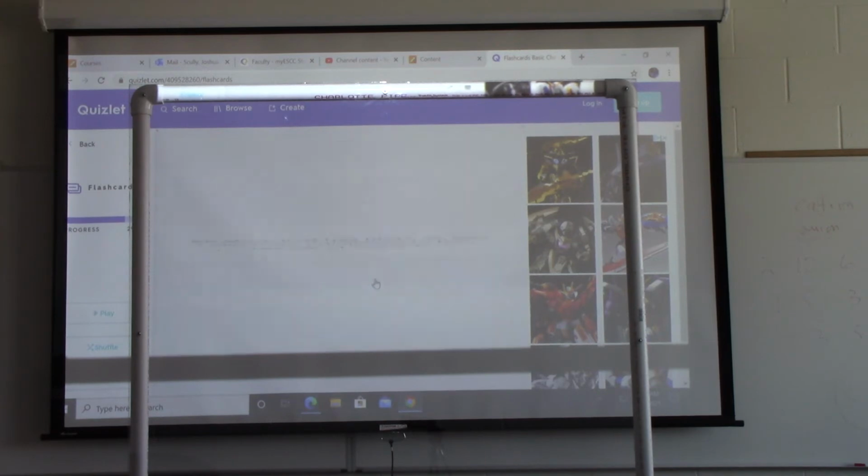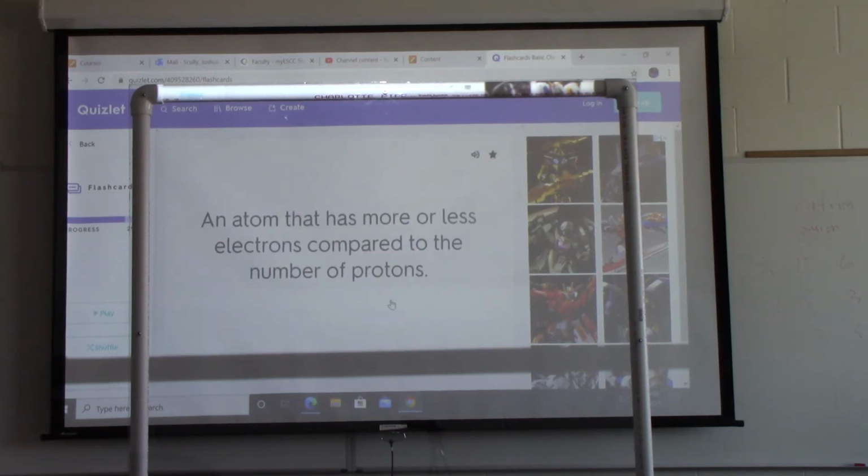So here's an ion. That should really say an atom or molecule, but that definition is fine for now. An atom is more or less electrically neutral. When it has more or fewer electrons than protons, that gives it a charge.